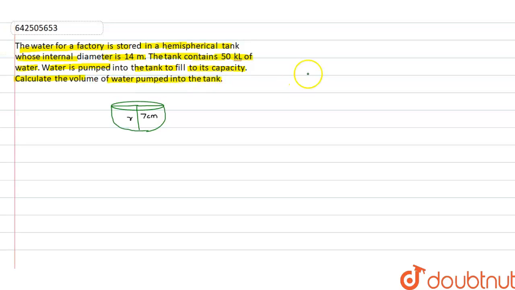So we have given in the question that the internal diameter of hemispherical tank is 14 meter.